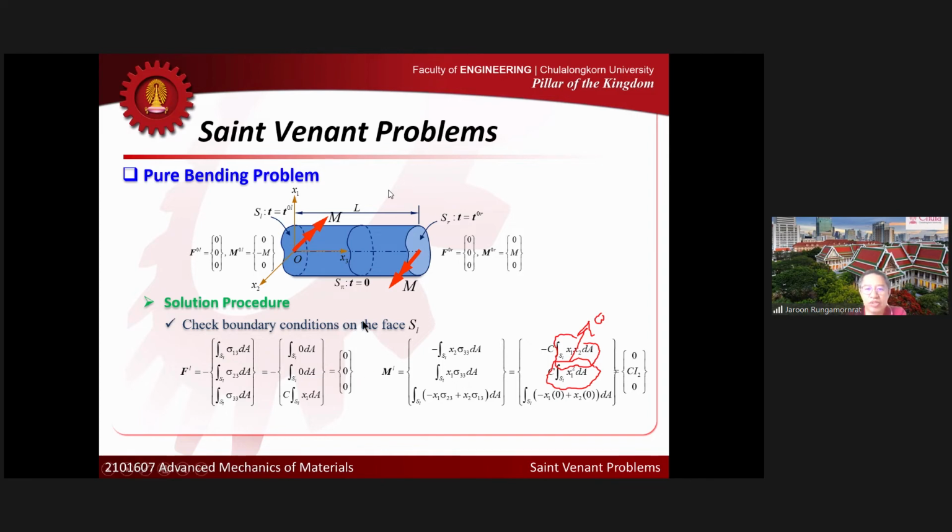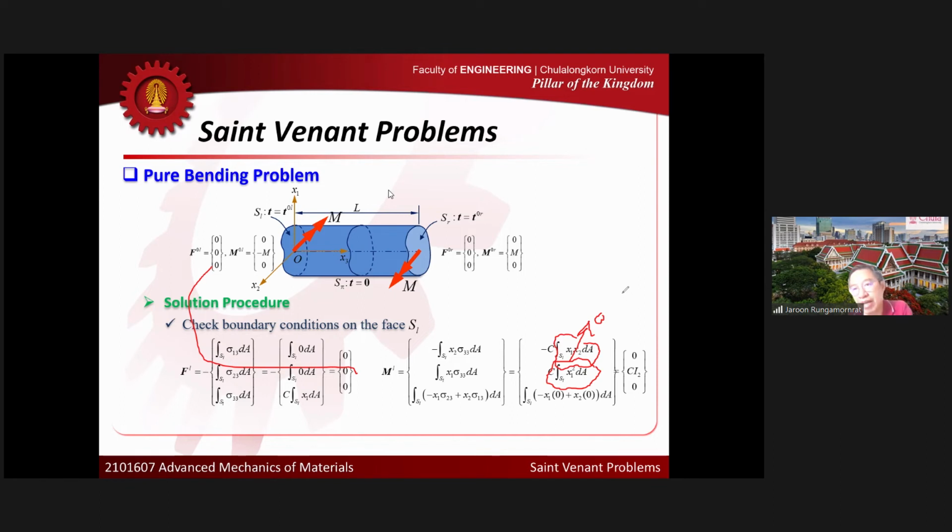Now, the thing that you want to do is try to enforce the condition at the left end. If you compare the one that you got from the stress field, you can see that that one is satisfied automatically because they are exactly the same. F0L and FL are exactly the same. How about ML and M0L? Can they be the same? This one and that one?